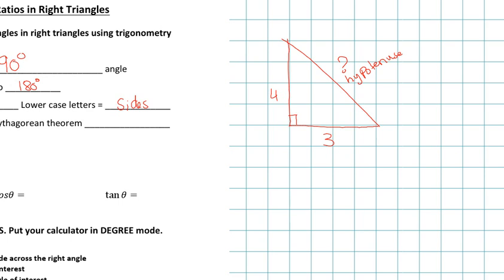Okay, so a hypotenuse is always the side opposite to the 90-degree angle. And it's always your biggest side.